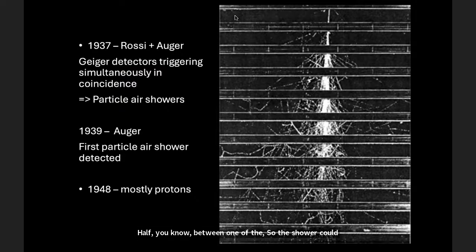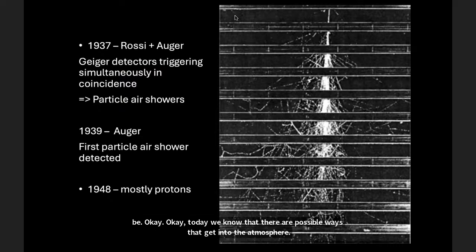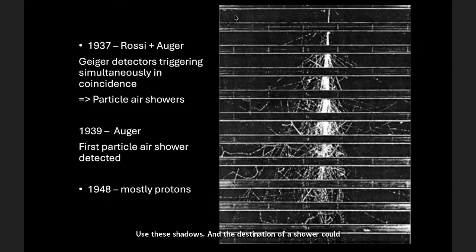Today we know that there are cosmic rays that get into the atmosphere and produce these showers, and the extension of a shower could be kilometers. So imagine the difficulty of determining whether all these detectors that we have on the surface are triggered in a synchronized way. So anyway, this was the beginning.